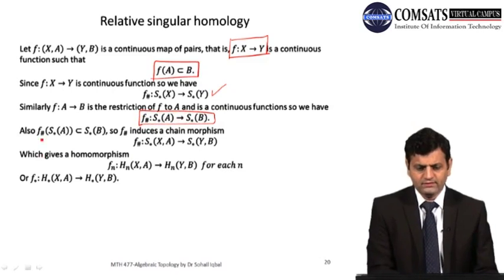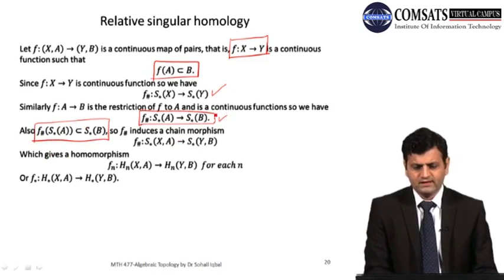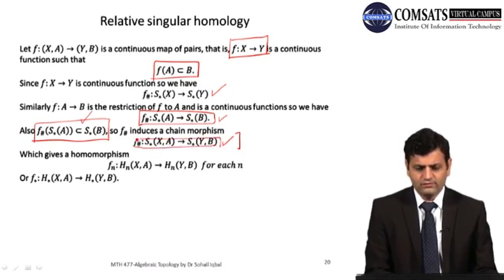Also we have this fact. Now this is a simple fact, so when we sketch the chain complexes, you will realize that this is true. So f sharp induces a chain morphism. And now once again we have many chain complexes in this situation. Unfortunately I can't sketch it over here, but it's a relatively trivial exercise to see that we have the following chain morphism.